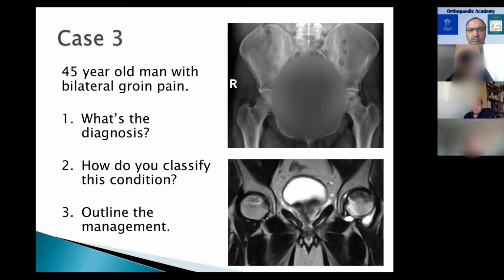Maybe the crescent sign is there on the left hip, and on the right hip, there is decreased signal intensity on the superior aspect, but there is no crescent sign there. Okay, so what do you think the diagnosis might be here?